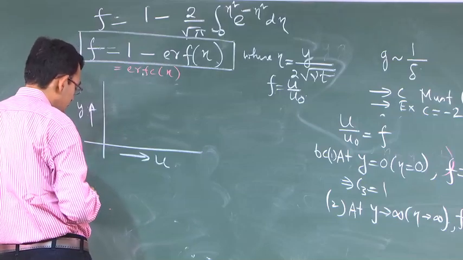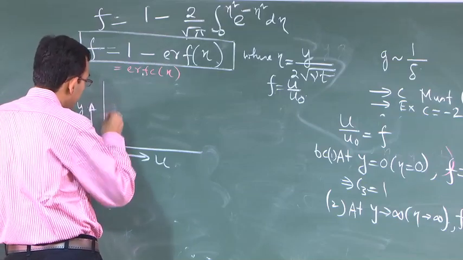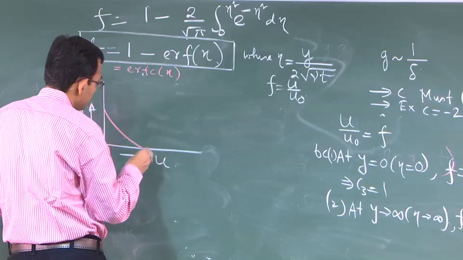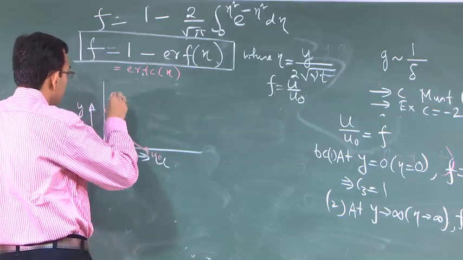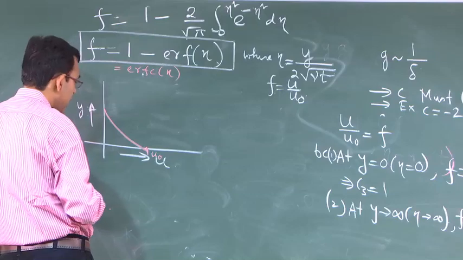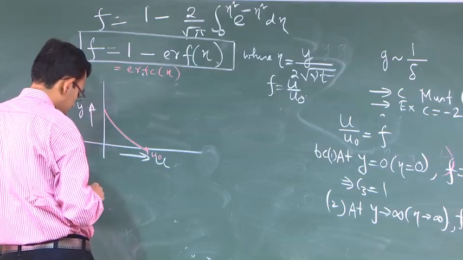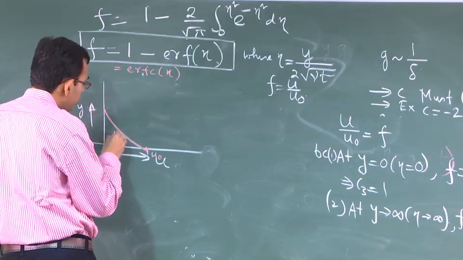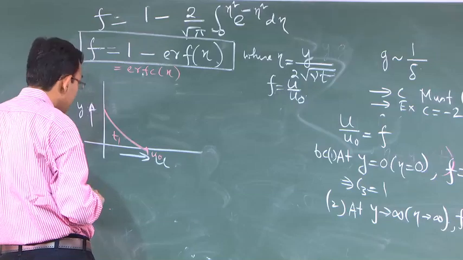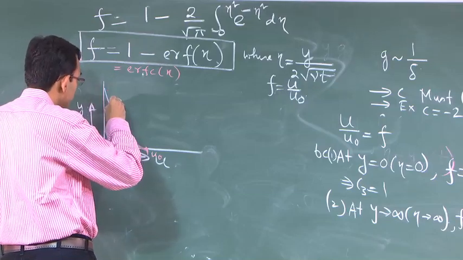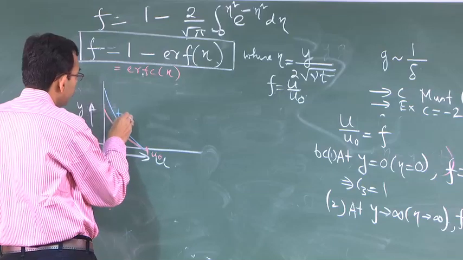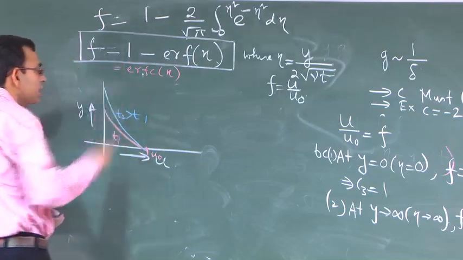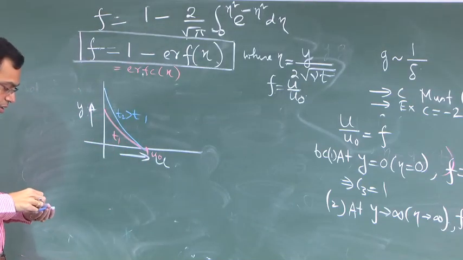Physically, this is u0, so this is at a time t1, at a time t2 the penetration depth will be more, so t2 is greater than t1, in this way it will grow.